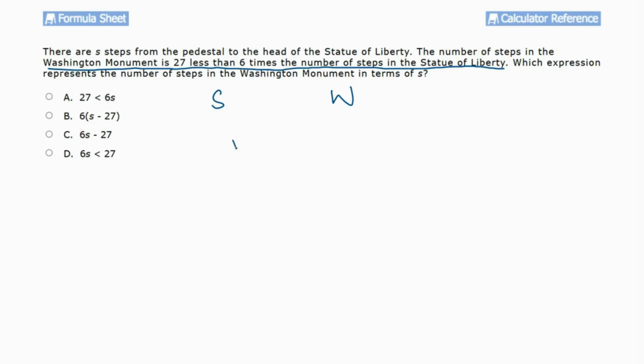So that means W is going to be 6 times the number of steps in the Statue of Liberty. So that means 6 times S and 27 less, that is minus 27. So this is going to be the expression 6S minus 27. So that means C is our answer.